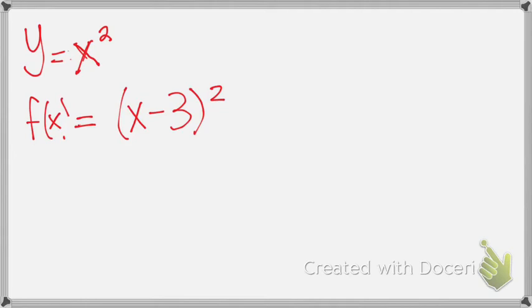Now, just by looking at it, if you know that the original function is this, that minus sign is always going to be there. That's how you start. What number did I plug in for h? I plugged in 3.